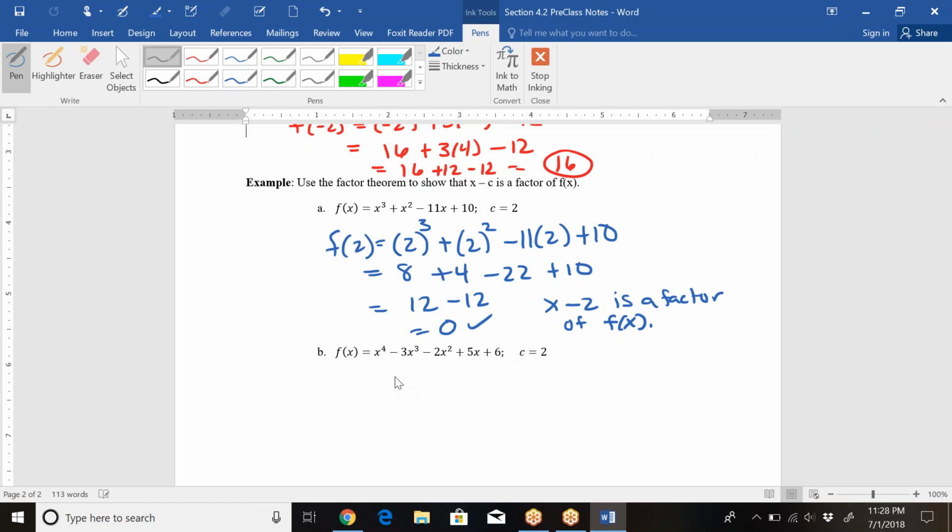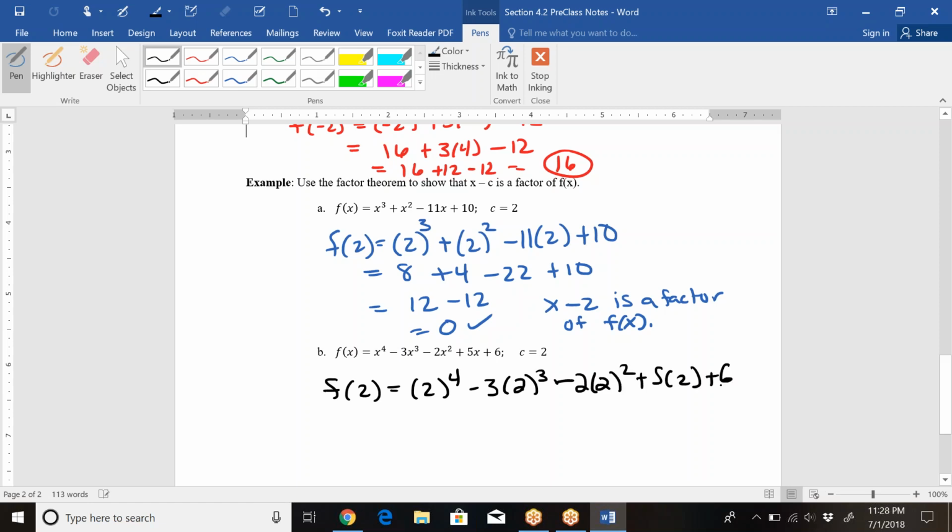So let's look at this next one. We're going to see if this one also is a remainder of 0, which would make it a factor. So we would do 2 to the 4th is 16, minus 3 times 8, minus 2 times 4, plus 10, plus 6.